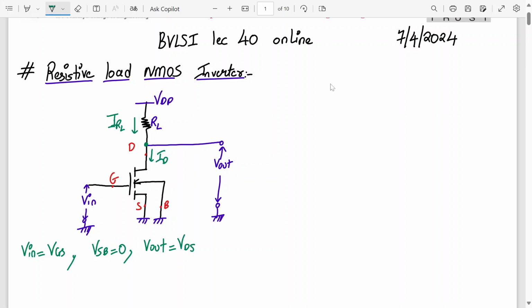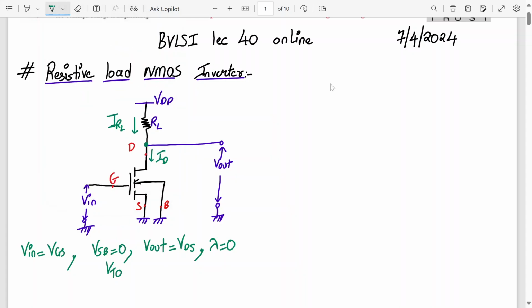So wherever you see VGS or VDS, you can substitute input and output. And since the substrate bias effect is 0, we can also assume that lambda is 0, so there is no channel length modulation parameter. Alright, so the threshold voltage of the MOSFET is VTO at 0 substrate bias. Then we'll draw its VTC curve.